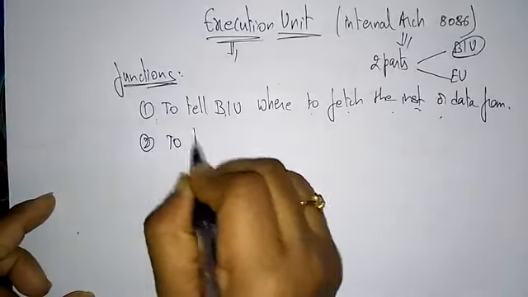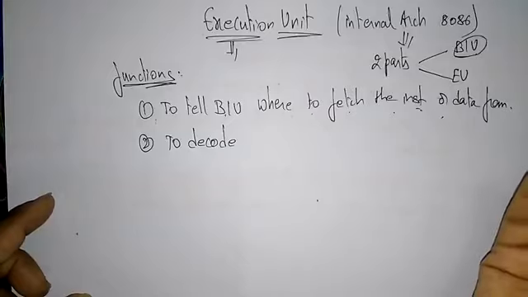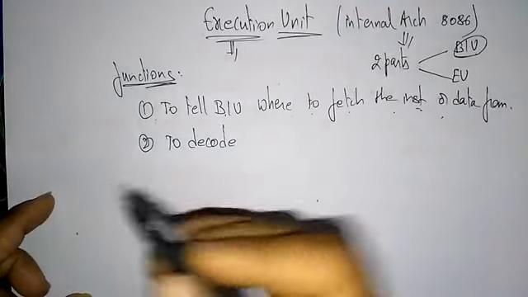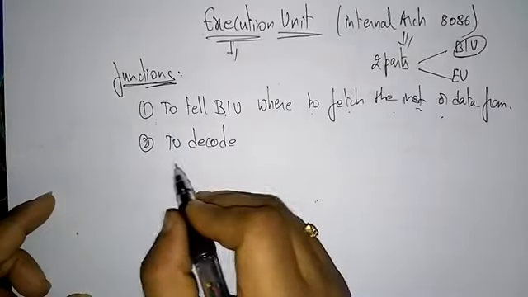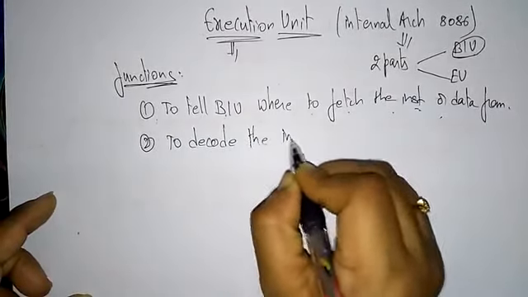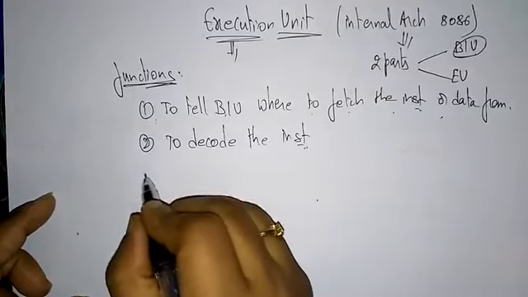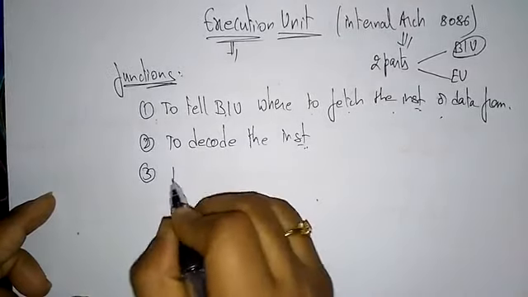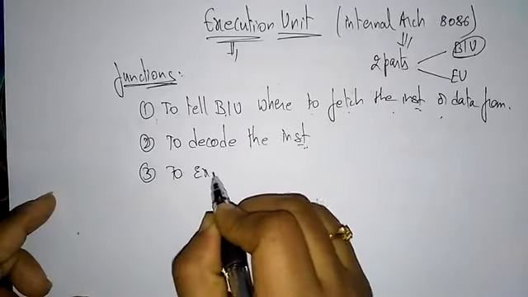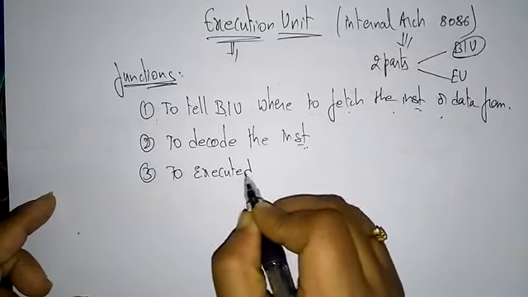Whatever instruction the bus interface unit fetches is sent to the execution unit with the help of the instruction queue. After that, the execution unit will decode the instruction. Next, to execute the instruction: whatever instruction is decoded is executed by the execution unit.